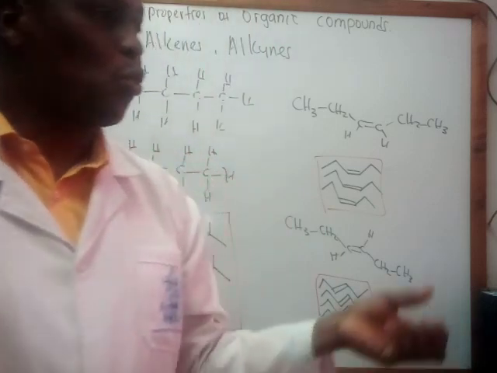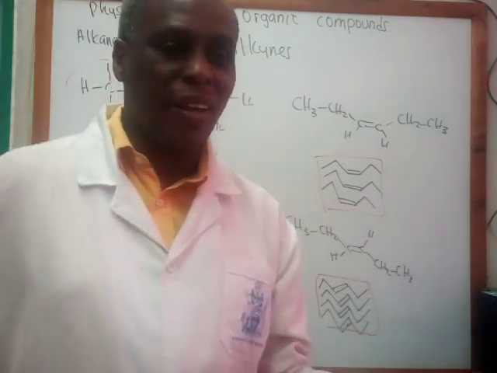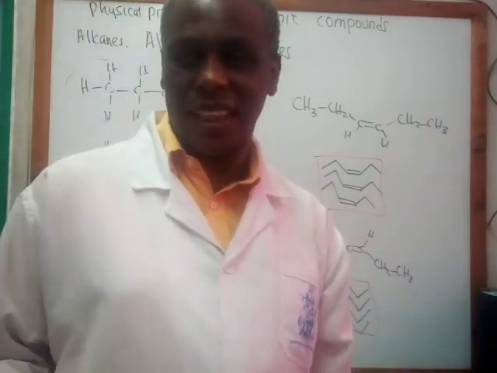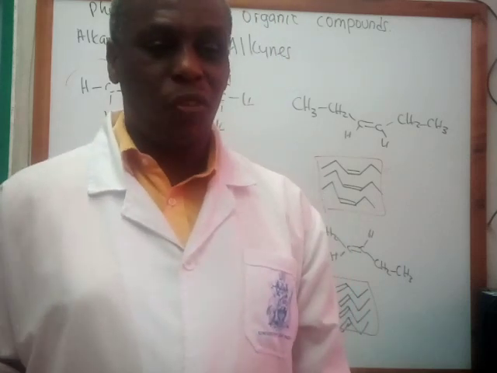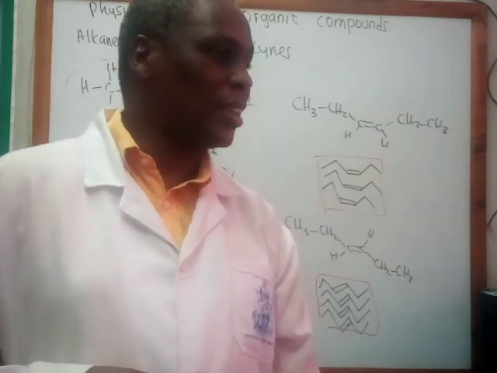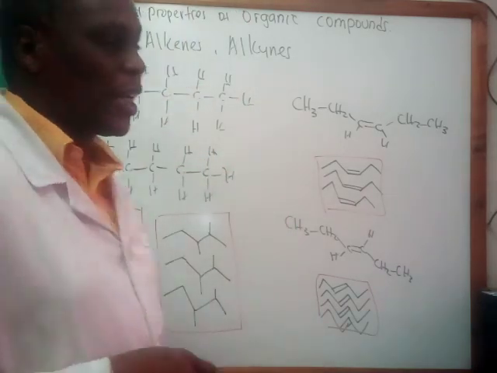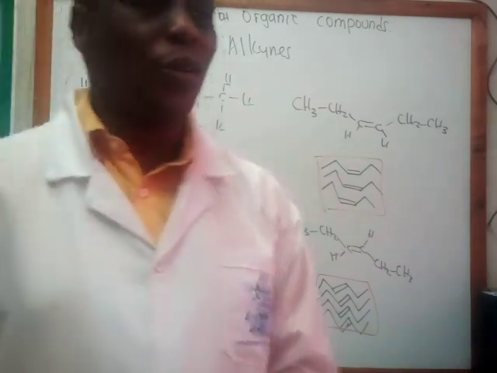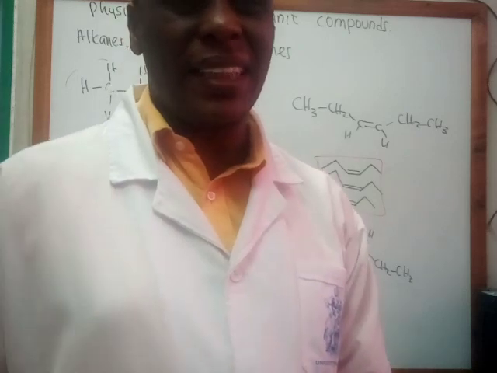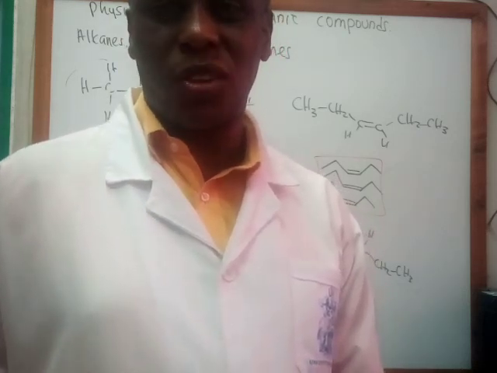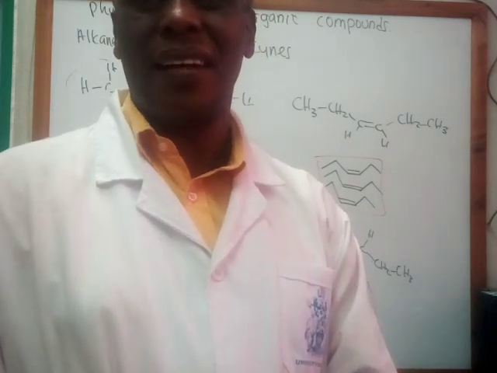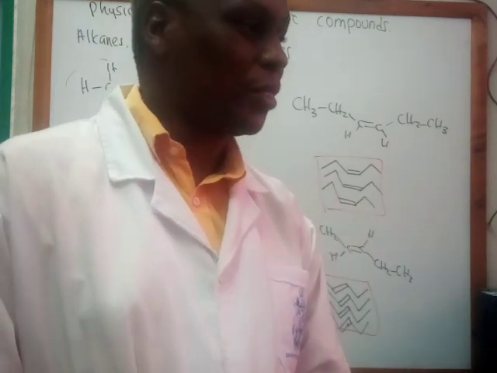But something which has got 1, 2, 3, probably 4 carbon atoms, like butane, is going to be a gas at room temperature. But you're going to see that for something like butane, which is an alkane of 4 carbon atoms, you can compress it, and it's going to become a liquid under pressure. It's called liquefied petroleum gas, LPG.